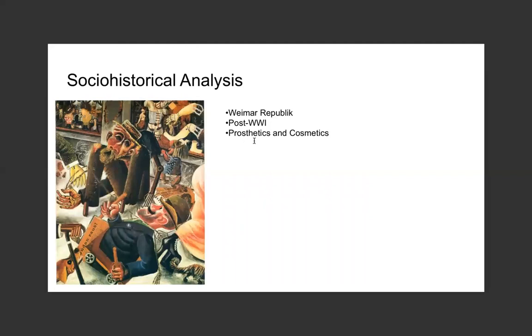So we know that post World War I, the cosmetic industry was booming, and there's been scholarly debate on the prosthetics that World War I soldiers got after the war having an impact on the boom of cosmetics. If the veterans can have their bodies modified to be a new normal, so can women. And so the body was commodified post-war.